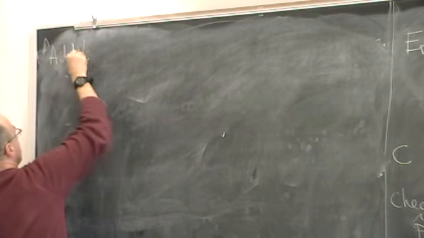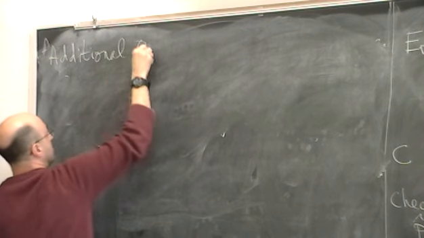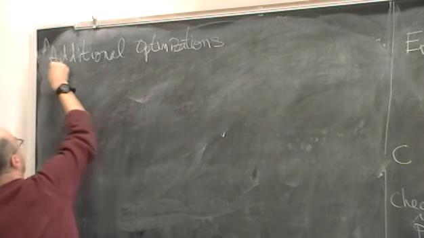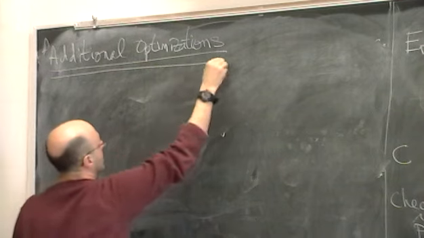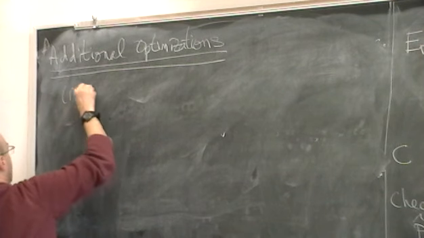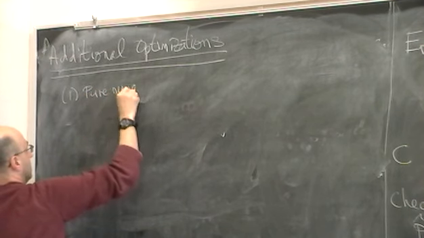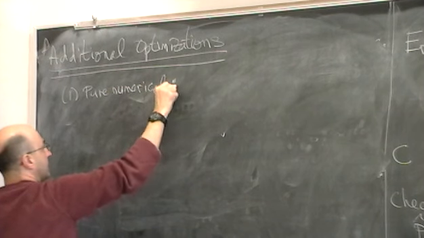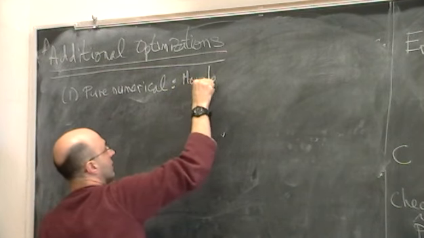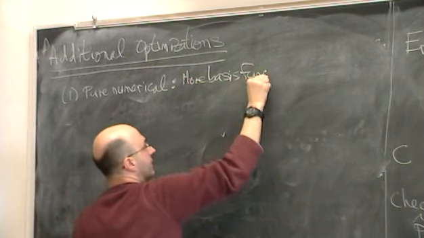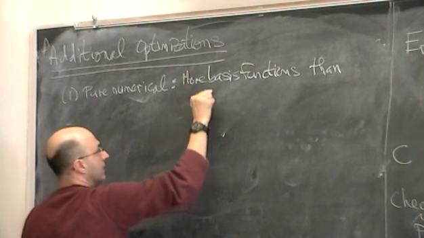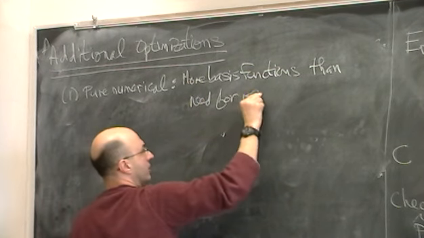So this is just the topic of additional optimizations. Now there are 2 that we're going to make. One is a purely numerical issue. And it's related to the fact that we have actually more basis functions than needed for the resolution on our grid.